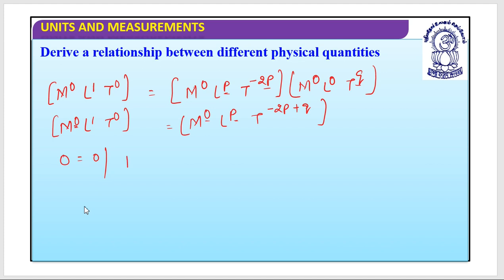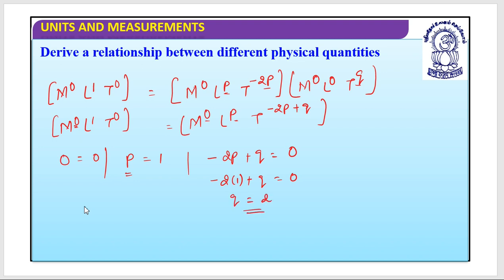L to the power p, p is equal to 1. And here the relation is minus 2p plus q should be equal to 0. Now I have the value of p. So this is minus 2 into 1 plus q is equal to 0, and thus q is equal to 2.